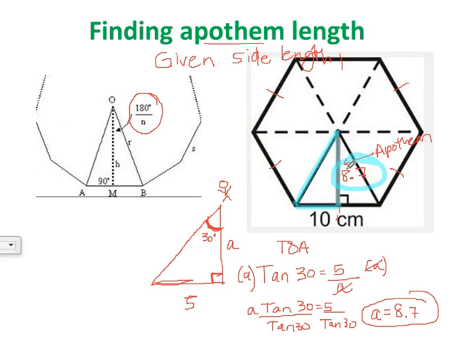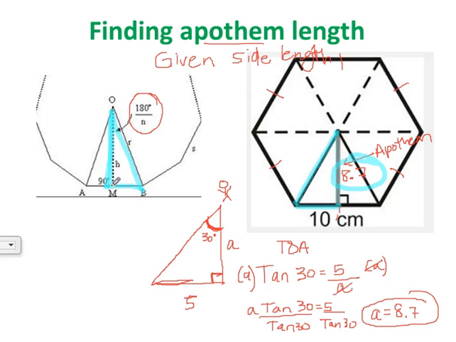That's how you find your apothem lengths, and then we could go ahead and find the area of this polygon. But I just wanted to point out how you find the apothem length when you're given a side length of a regular polygon. You need to create that small right triangle.